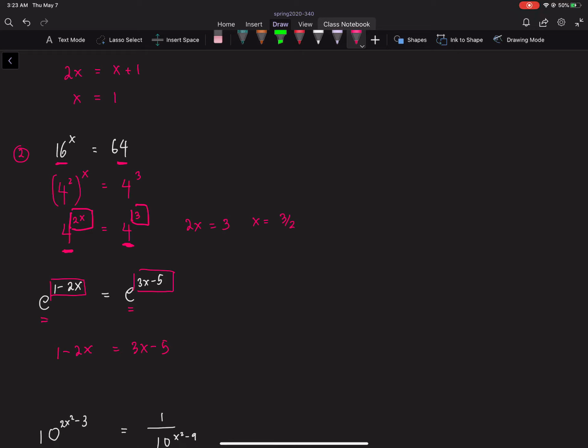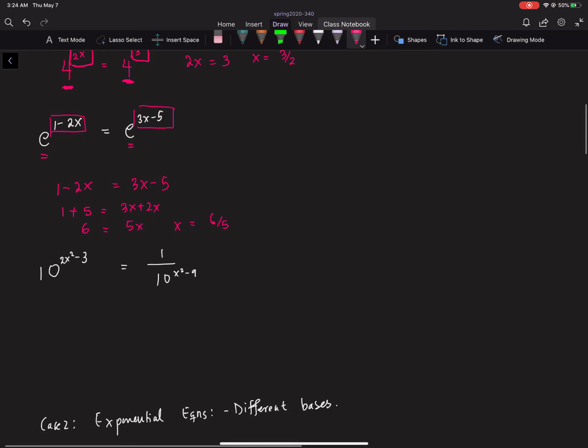If we solve for this, we end up getting 1 plus 5 is equal to 3x plus 2x. So we end up with 6 is equal to 5x. So x is equal to 6 over what? 6 over 5.